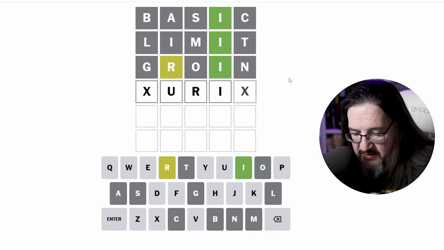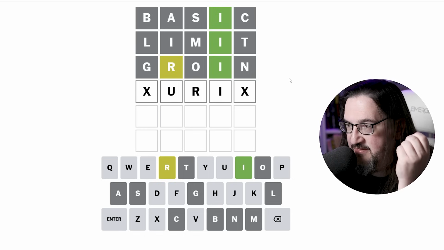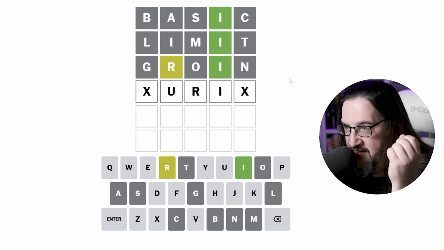Right. But again, in this case, what do I put at the beginning? I'm sorry, the end. The D. It can't be lurid because we tested the L. So that's interesting, right? I don't know what I would do there.